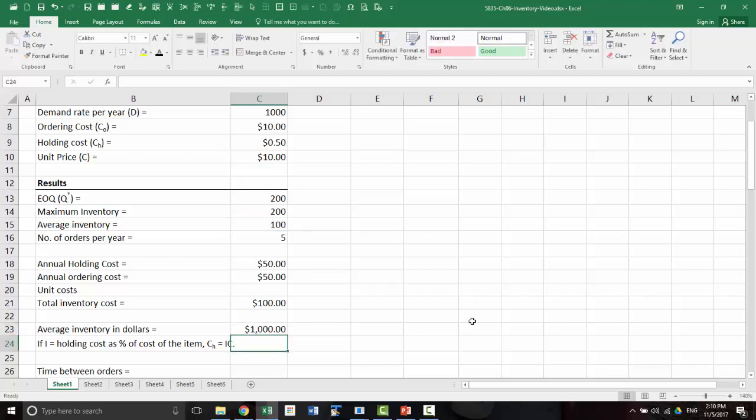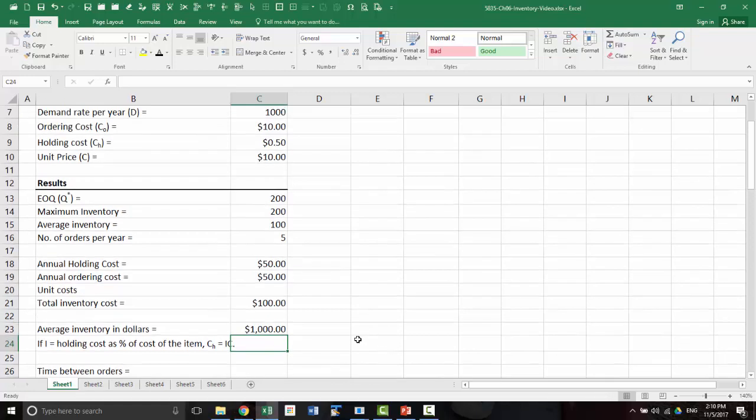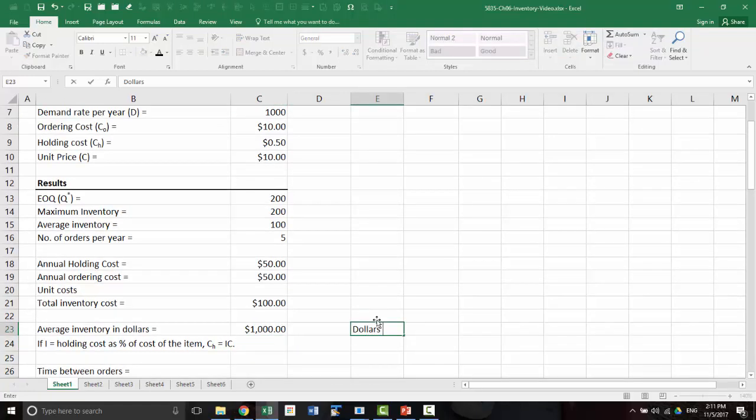Okay. Now what will be the total dollars spent on inventory? Suppose I don't have a place for that, so let me just add here dollars spent on this item per year. That will be the total demand times the cost of the item.